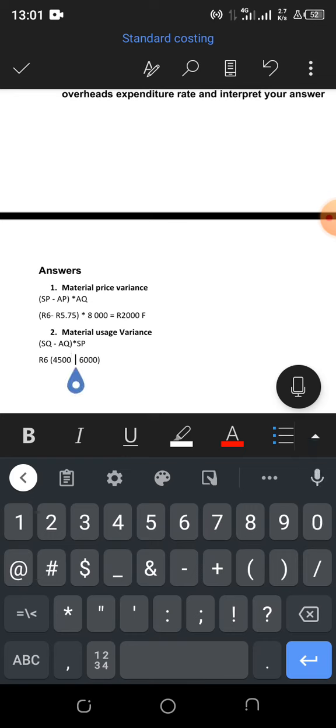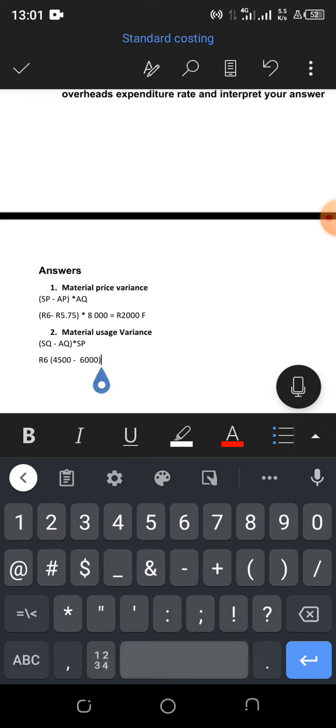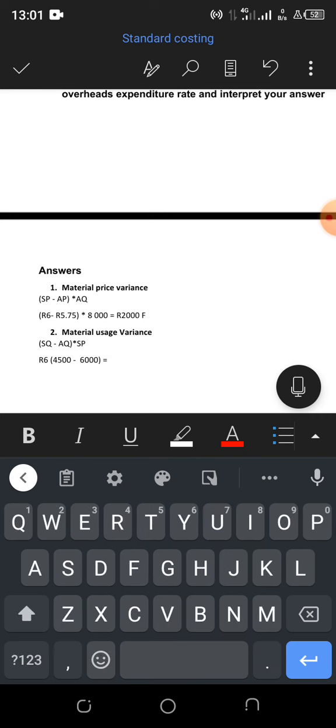Then now we can minus 6,000. Okay, so if you calculate all this, you will get the amount of 9,000.